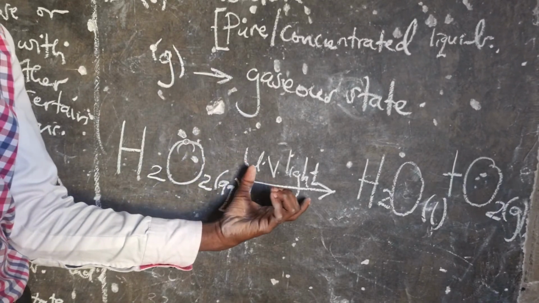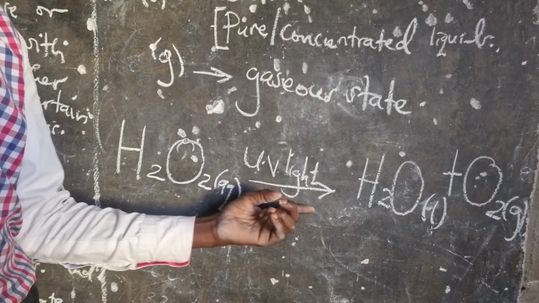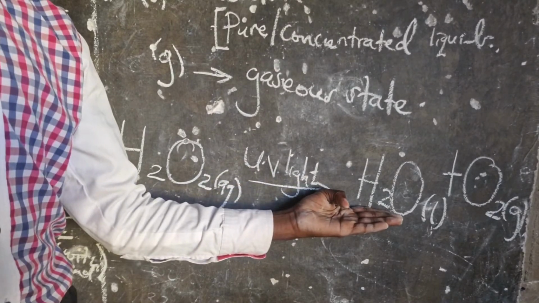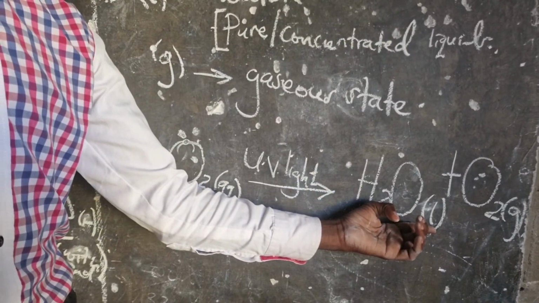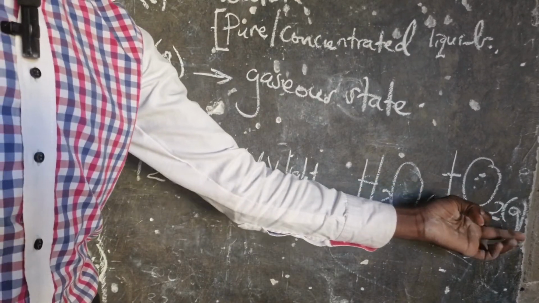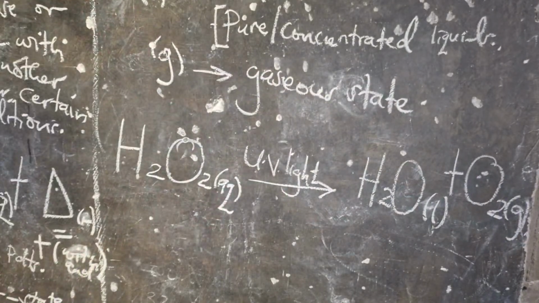It decomposes or breaks down in presence of UV light to liberate or to give water, which is in liquid state, and oxygen, which is in gaseous state.